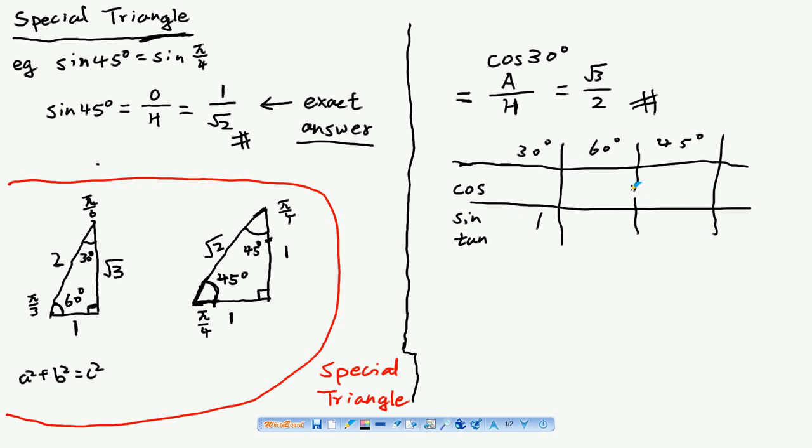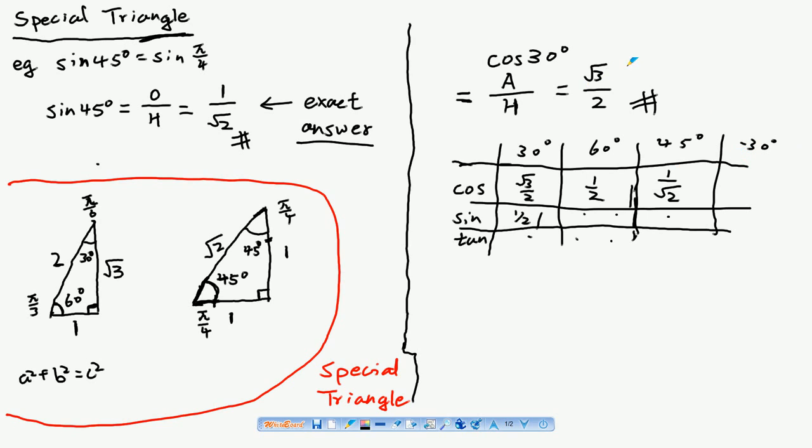Some students try to memorize them. Say cos 30 degrees is square root 3 on 2, cos 60 degrees is half, cos 45 degrees is 1 on square root of 2. Also sine 30 degrees is half, and so on. They find every value, also with minus 30 degrees, and so on.